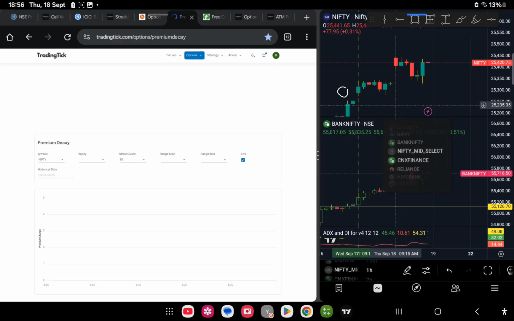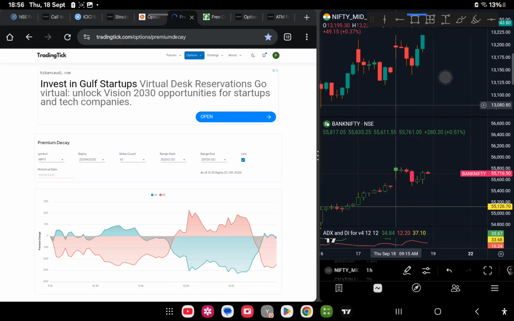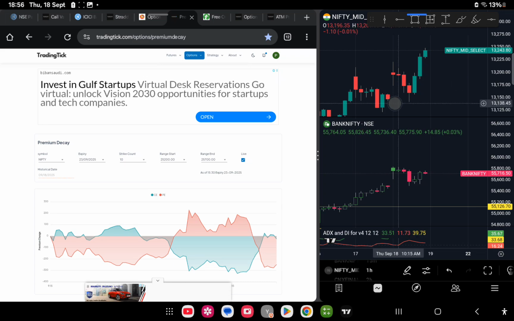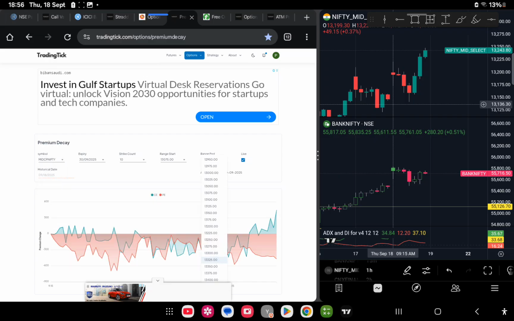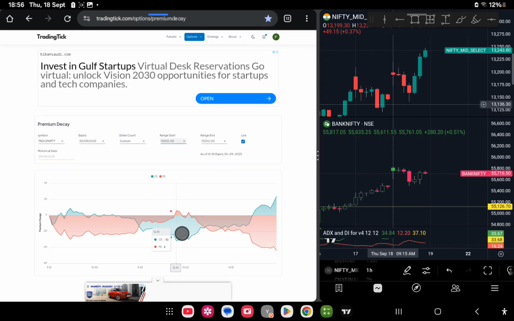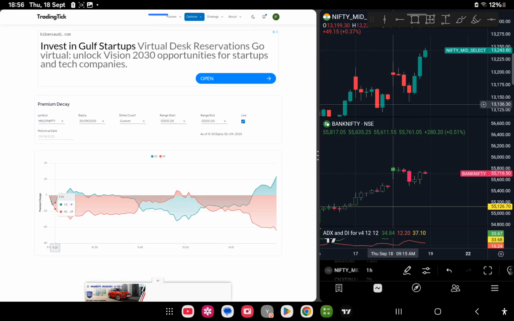Now let me refresh it again and do a check for Midcap Nifty. You can see the pattern here, and the open was 13,200. Let me take Midcap here, 13,200 on both sides. Here you could see the initial decay was very smooth.